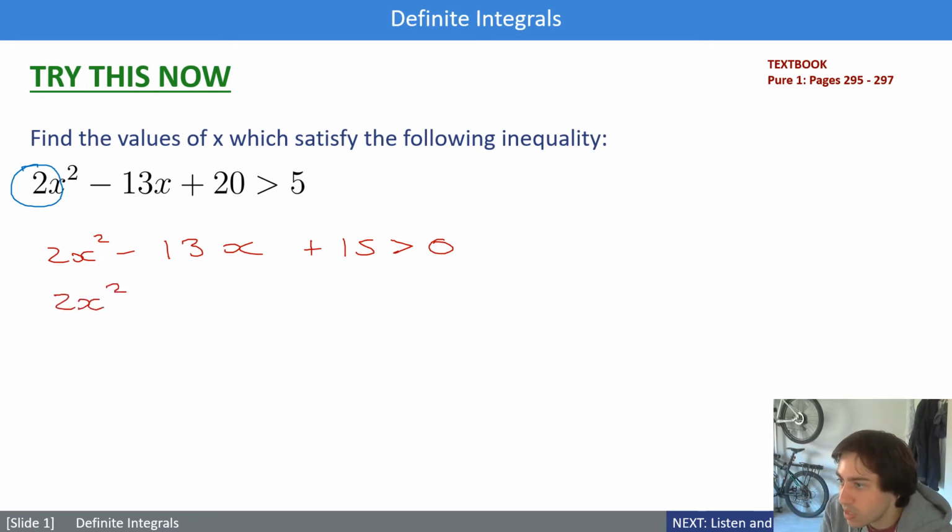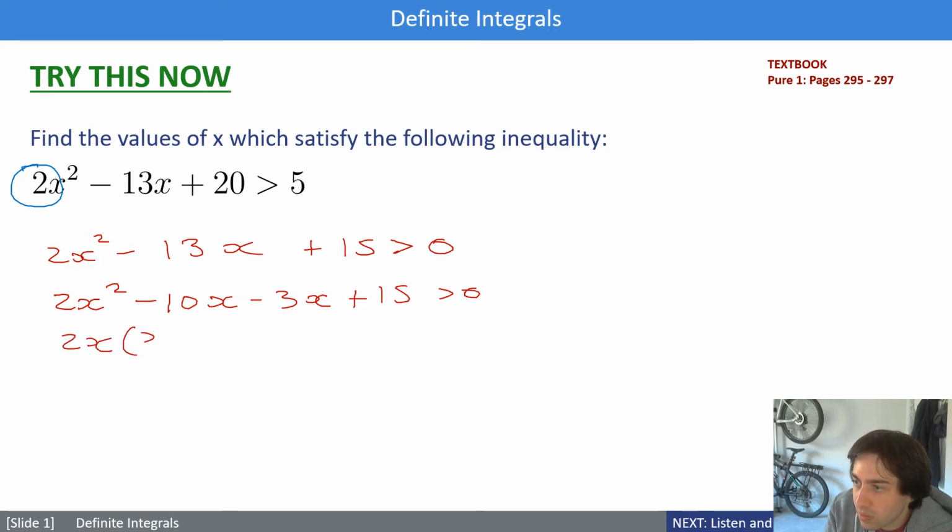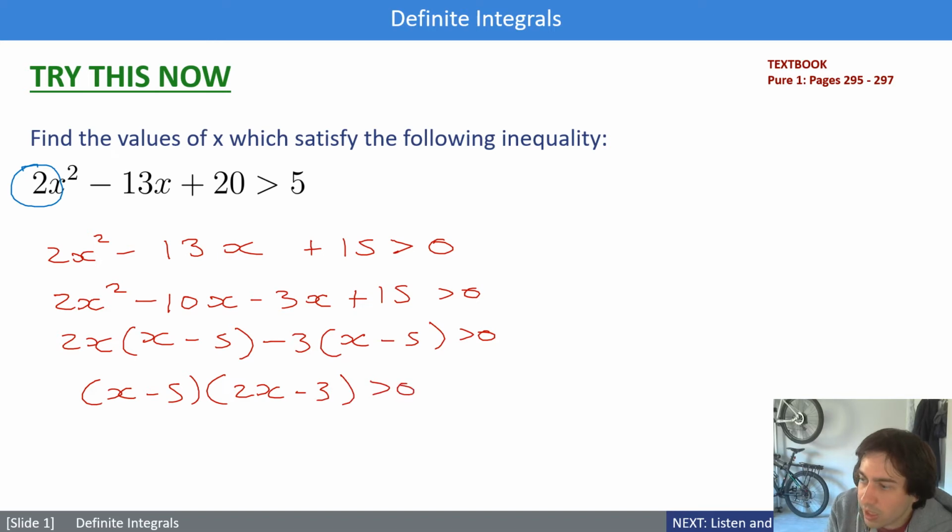And we seem to get the following. Okay, and here our key values are x equals 5 and x equals, so 2x minus 3 equals 0, 3 over 2.